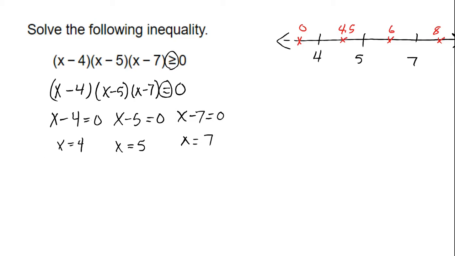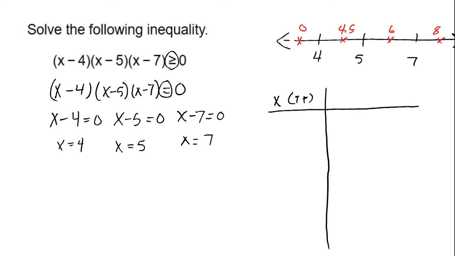And you want to take your test points, which are your x's, and you're going to substitute those test points of 0, 4.5, 6, and 8 into your polynomial expression, x minus 4 times x minus 5 times x minus 7. And what you're looking for is to tell whether this expression is positive or negative in that interval.